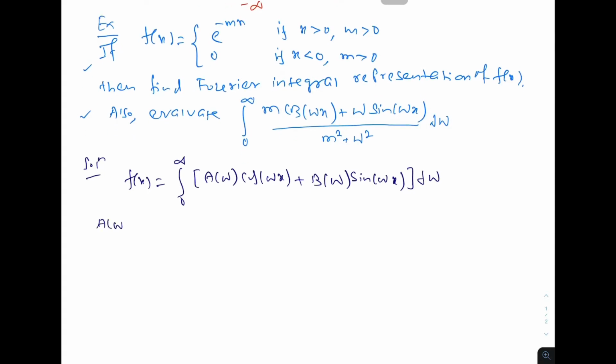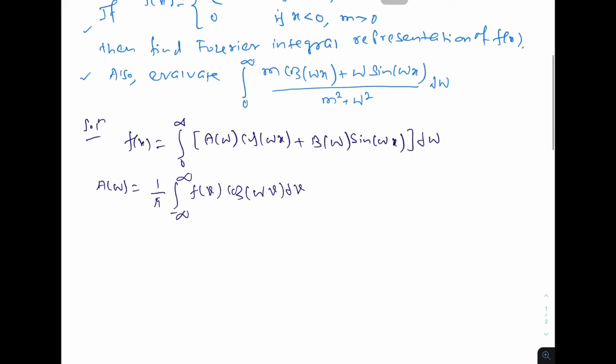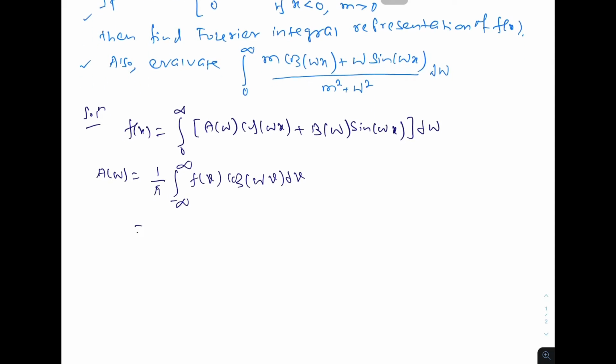Now a(omega) is 1 upon pi integration minus infinity to infinity f(v) cosine(omega v) dv, which is equal to 1 upon pi.